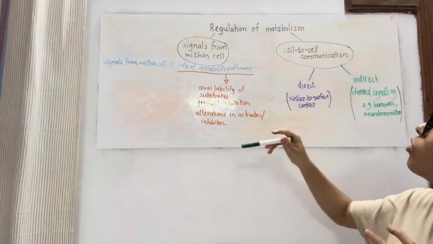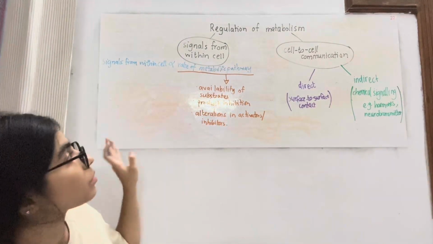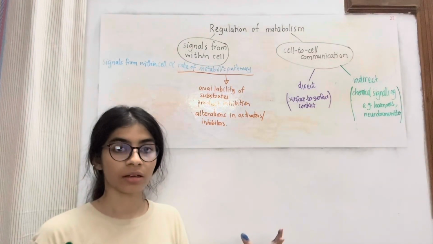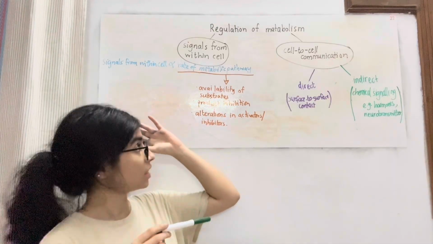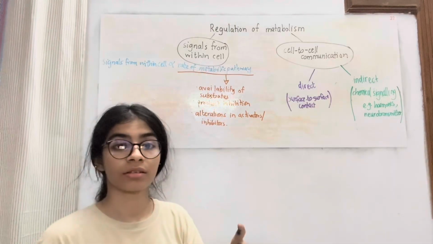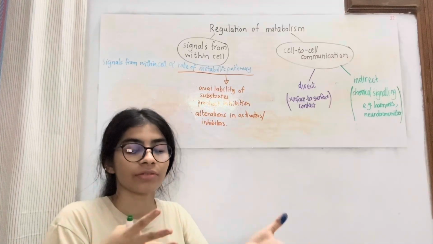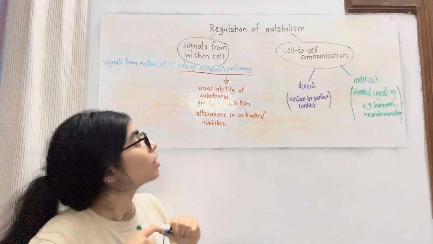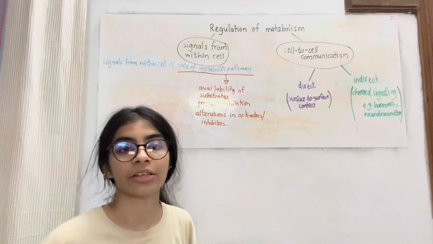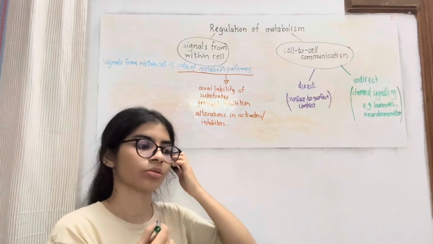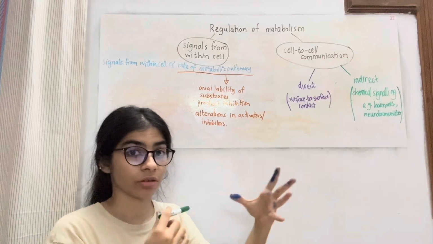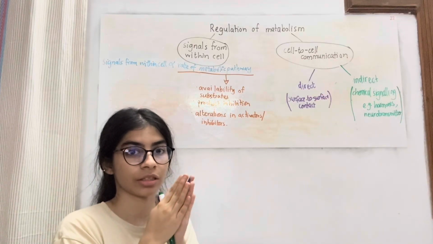Now we're going to talk about regulation of metabolism. There are 2 ways metabolism is regulated, one of which is signaling from within the cell. So the cell itself signals. Or cell-to-cell communication, which is passed along the cell.